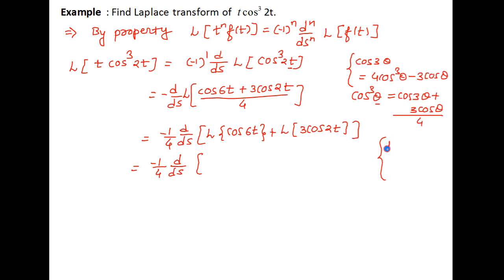What is the result? Laplace of cos at we can write s upon s square plus a square. So it is s upon s square plus 36 plus 3 into s upon, this 3 is constant, and taking the Laplace of this term, it is s upon s square plus 4.